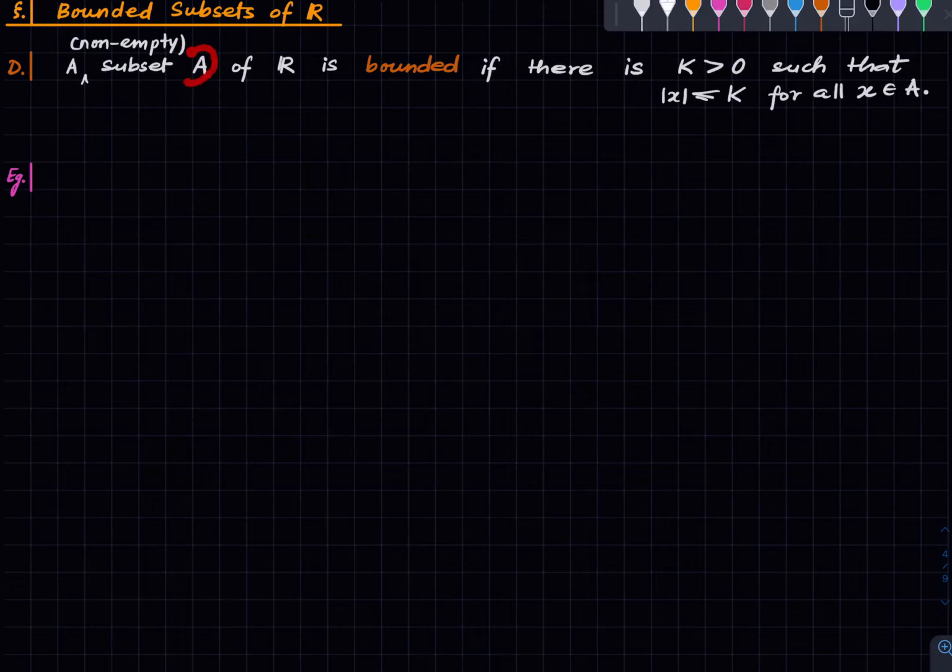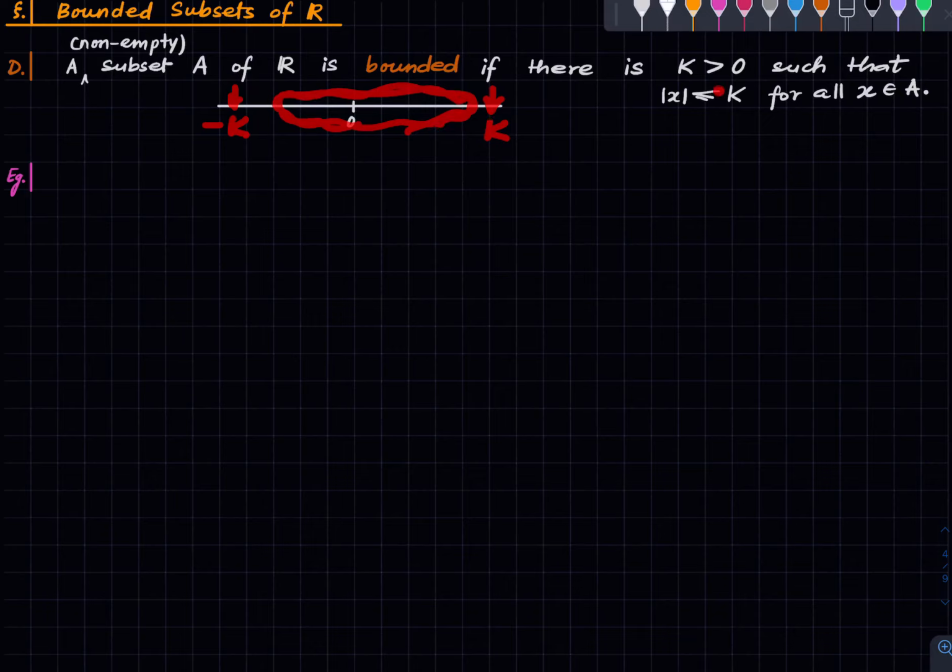So we say A is bounded if there is some positive number k for which this condition holds, meaning the size of each element of A is controlled by the number k. In pictures, if this is the real line, then all we are saying is that there is some k such that the entire set A is between minus k and k.